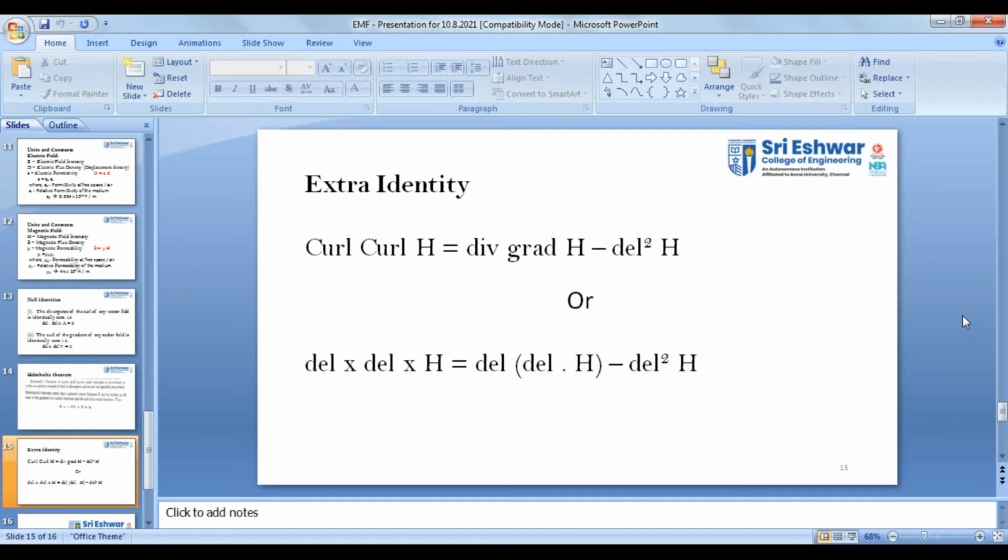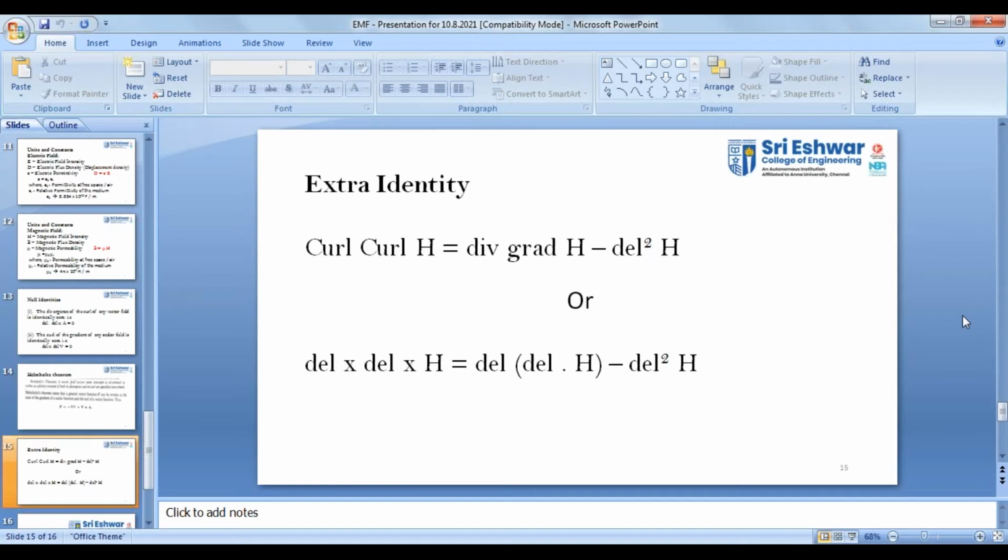Curl H is equal to divergence of gradient H minus del square H, or written symbolically, del cross H is equal to del of del dot H minus del square H.